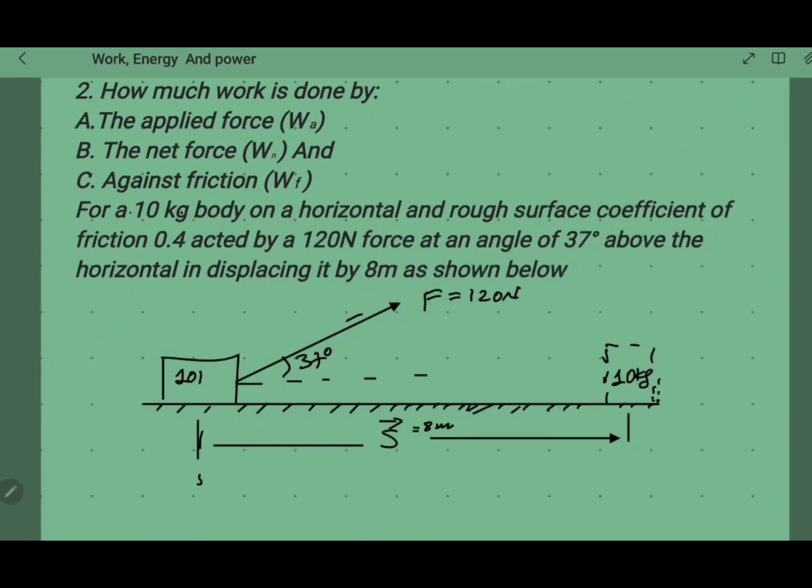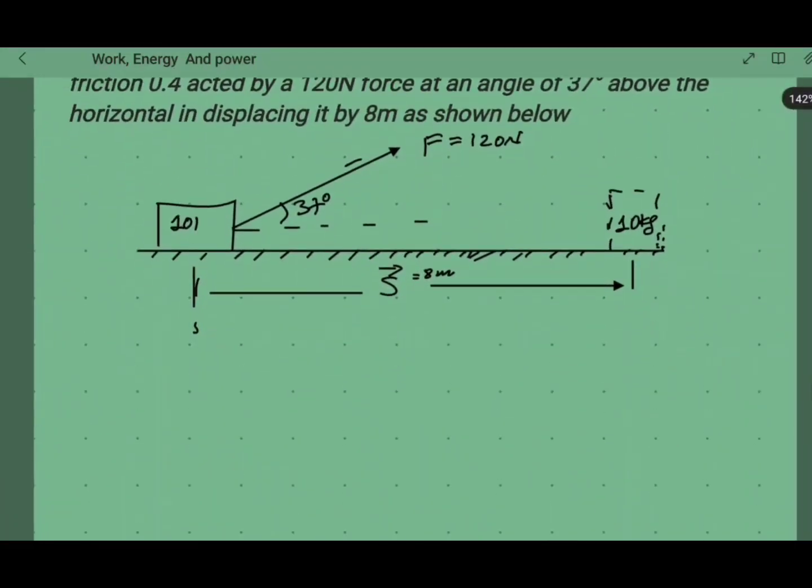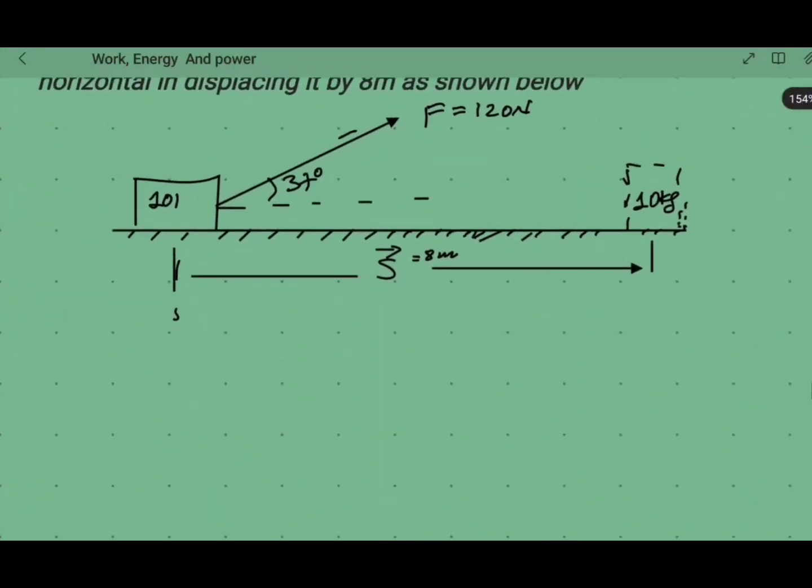In A, we are looking for the work done by the applied force, WA. What is given here?